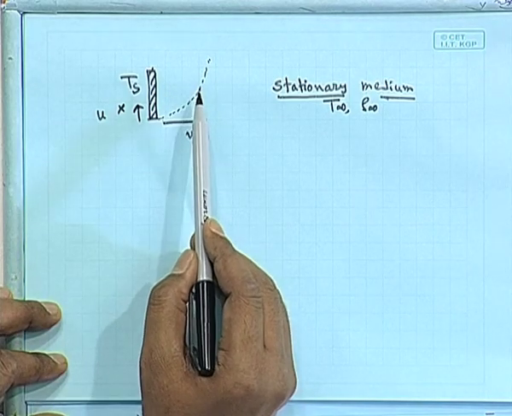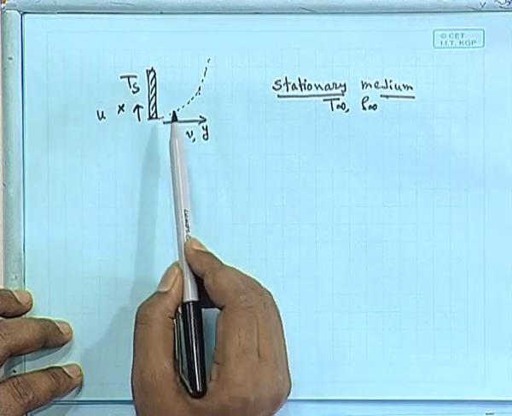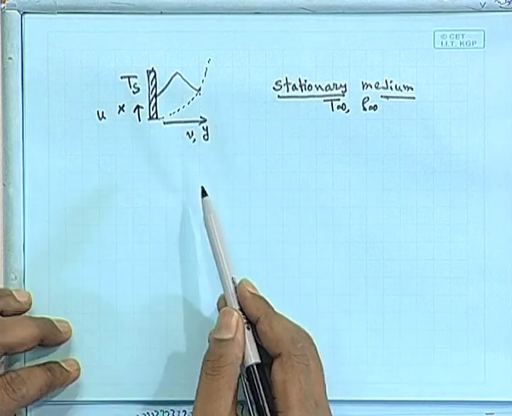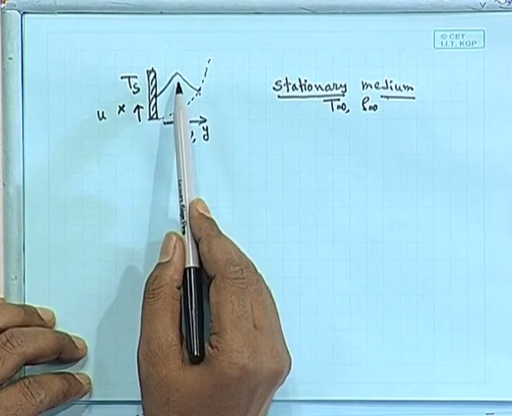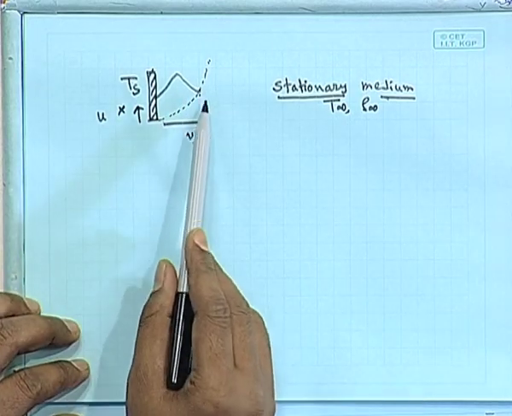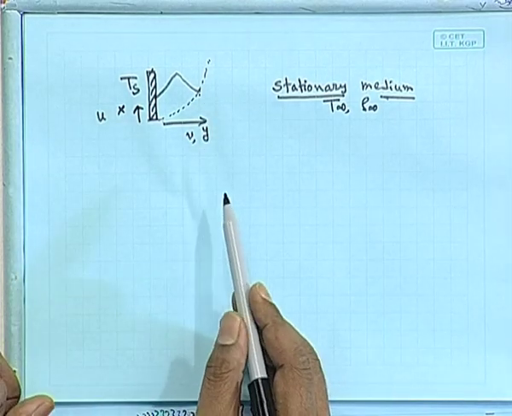But there will be a velocity component within this region. The velocity profile will look something like this. It starts from 0, reaches a maxima somewhere in between, maybe at half or 1/3, that we will see later on, and then comes down again to 0 velocity.